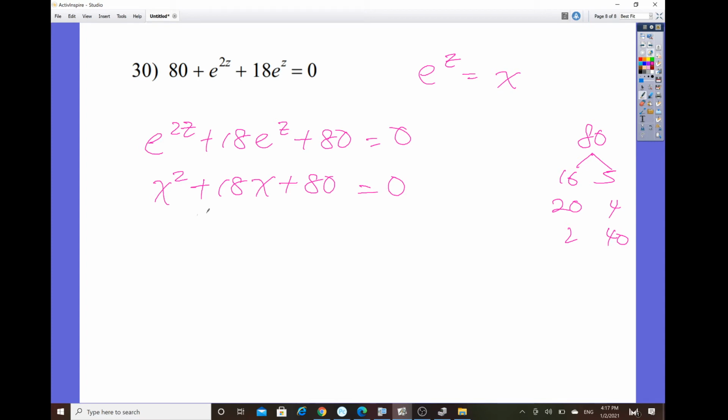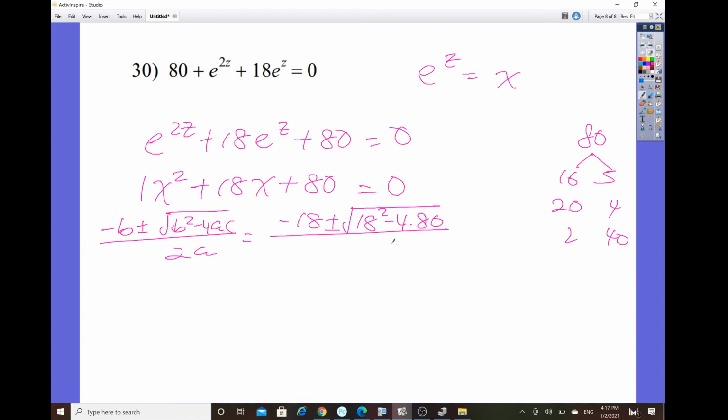Okay, so basically this one you have to apply the quadratic formula. So negative b plus minus square root of b squared minus 4ac all over 2a. So negative 18 plus minus the square root of 18 squared minus 4 times 1 times 80, all over 2 times 1.